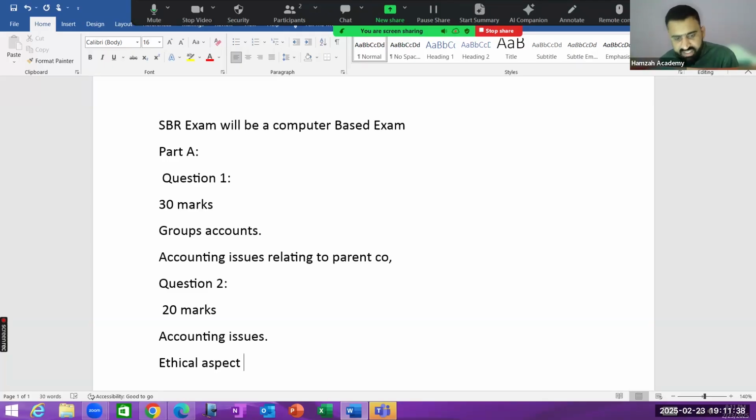Any accounting standard can be tested here. And then after the accounting issues, there will be an area relating to the ethical aspect of the financial statements and the accounting. So this part of the question will consist of 20 marks.